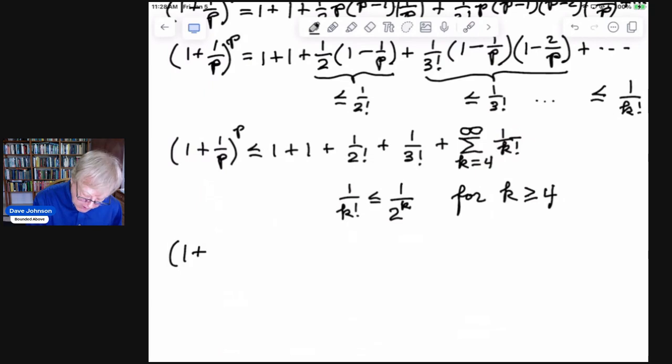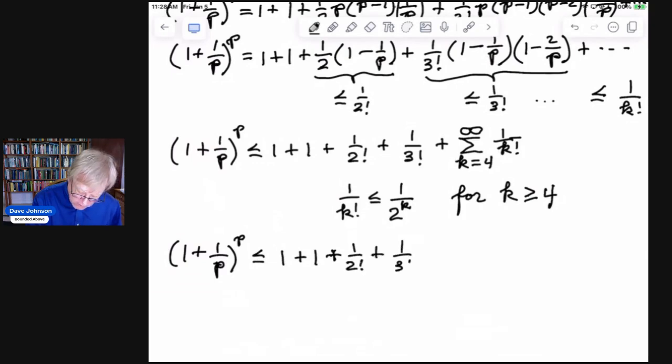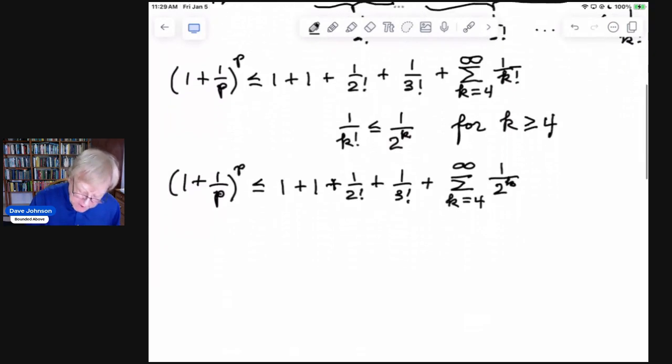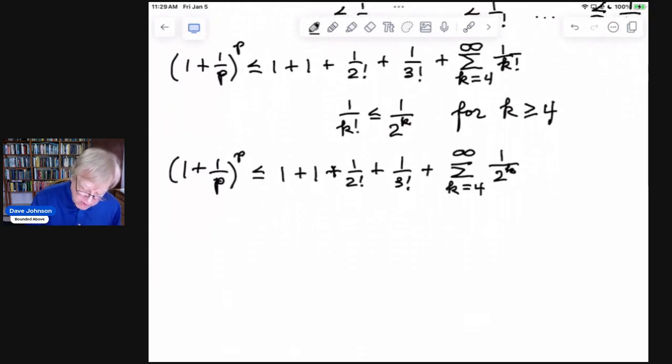So 1 plus 1 over p raised to the p is less than or equal to 1 plus 1 plus 1 over 2 factorial plus 1 over 3 factorial plus the summation k equals 4 to infinity of 1 over 2 to the k. So this inequality is still true, but now we've got a 1 over 2 to the k. The nice thing about that is it's a geometric series, and we can sum that. So let's go ahead and do that.